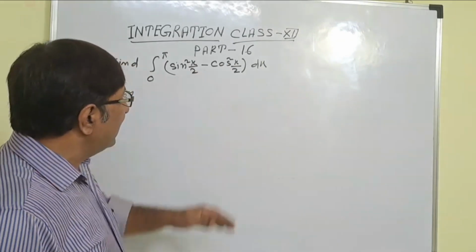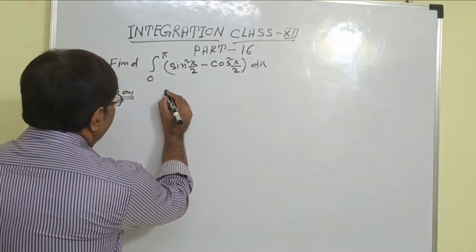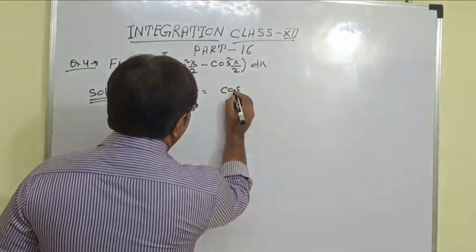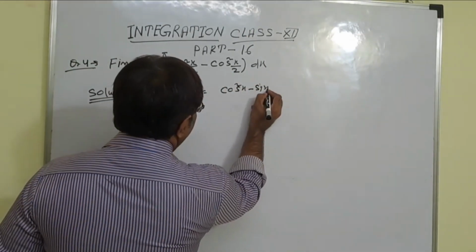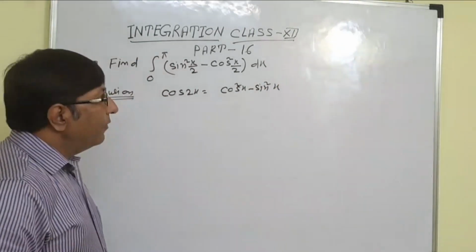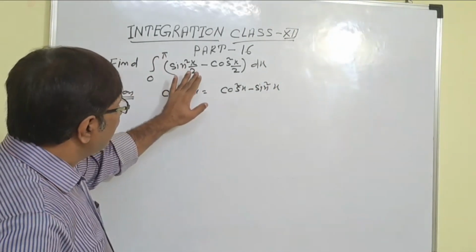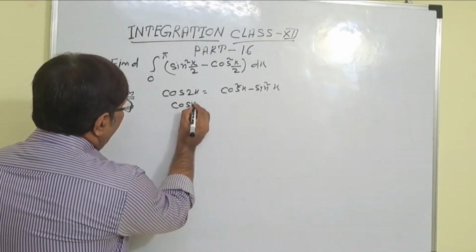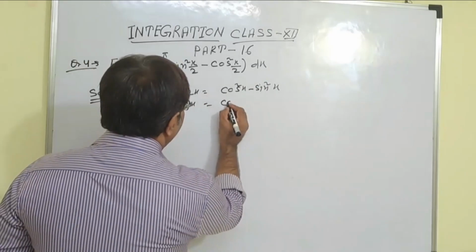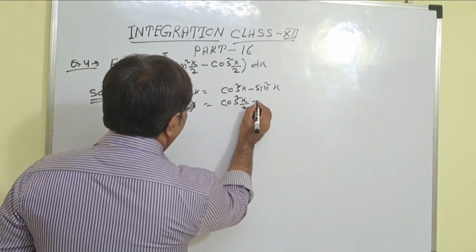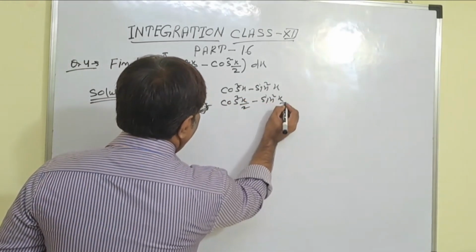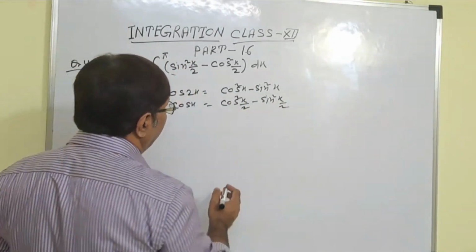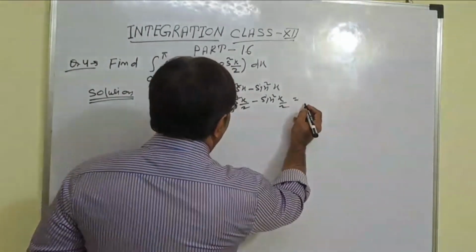For this, you know the formula cos 2x equals cos square x minus sin square x. But here we have sin square x by 2 and cos square x by 2, so we can simply write cos x equals cos square x by 2 minus sin square x by 2. But we have the opposite order, so just take minus common.